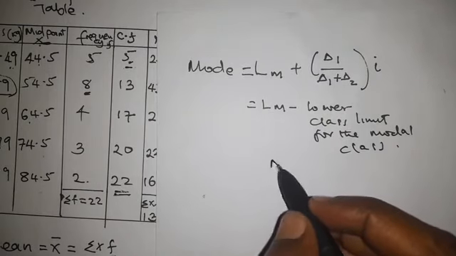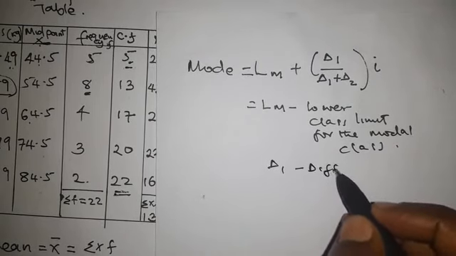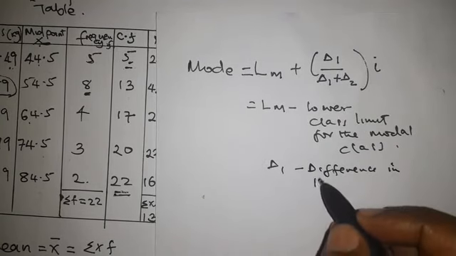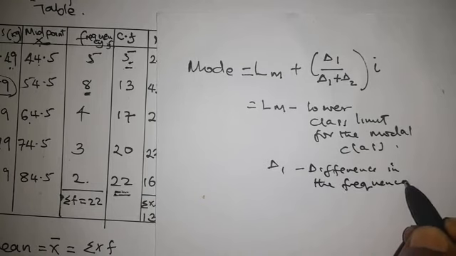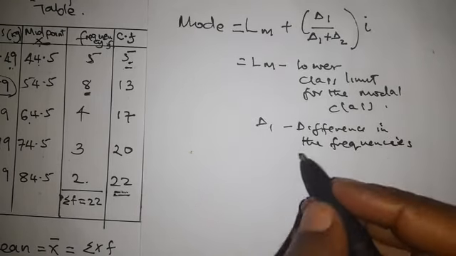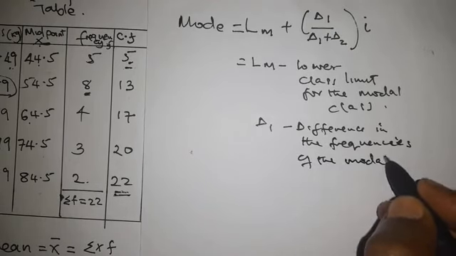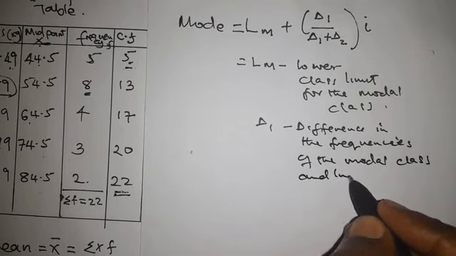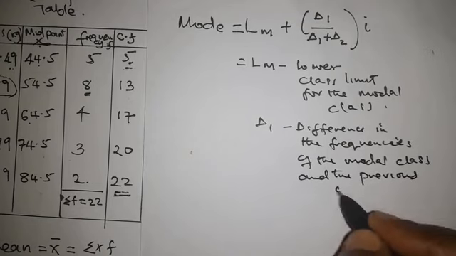Then D1. This one is the difference in the frequencies of the modal class and the previous class.